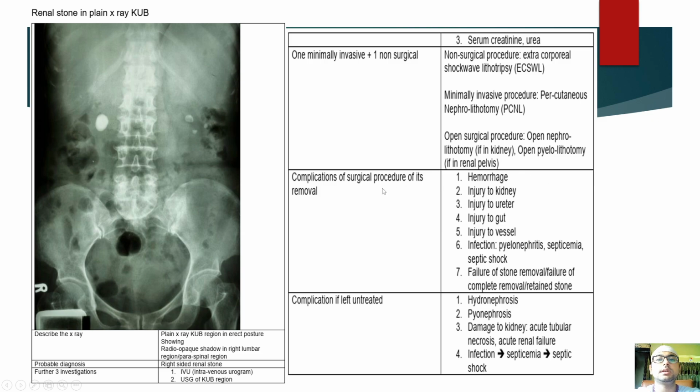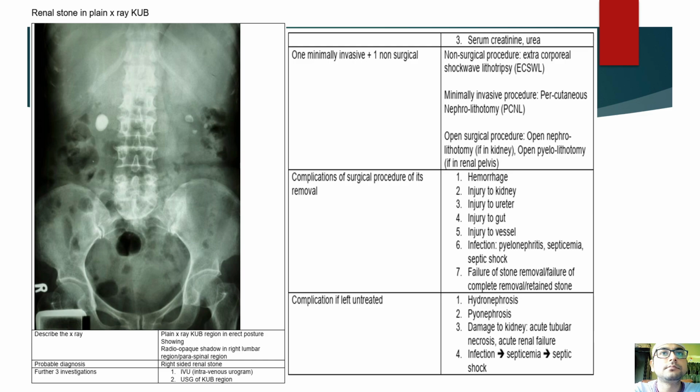So what are the surgical complications during this operation? Hemorrhage, because the kidney is a highly vascular organ, and 25% of total cardiac output goes through the kidney.